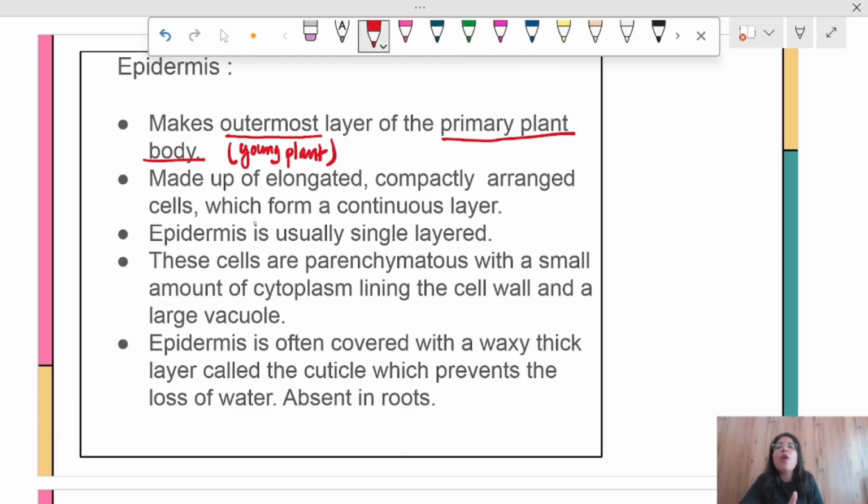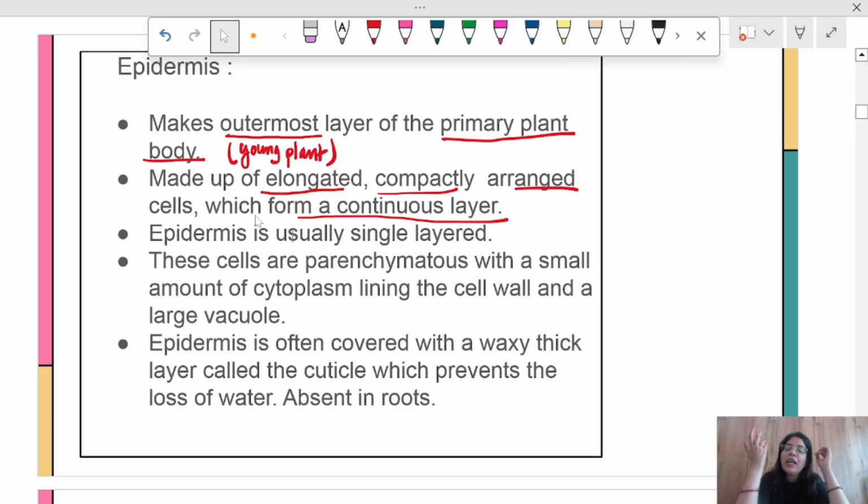Then it is made up of elongated, compactly arranged cells which form a continuous layer. Just assume that epidermis is that layer which is meant for protection. Okay, you also have your skin is that layer which is meant for protection in your body, right? So assume that. Can you bear any kind of space in between the skin cells in your body? No, right? Because if it happens, what will happen?